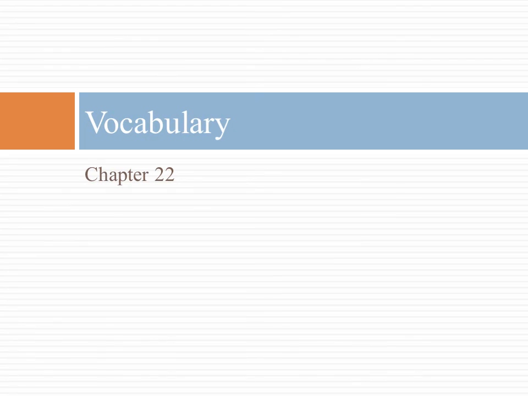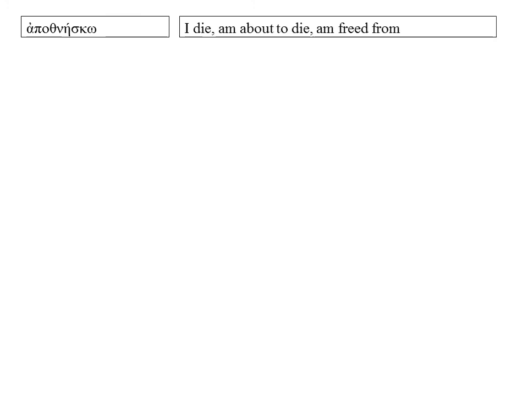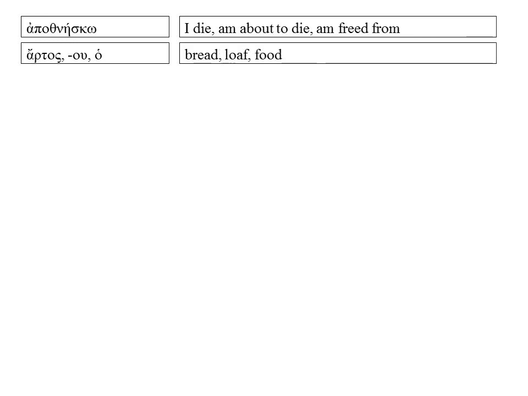Let's look at the vocabulary for chapter 22. Apothnesko. I die, I'm about to die. Artos. Second declension, masculine, bread.